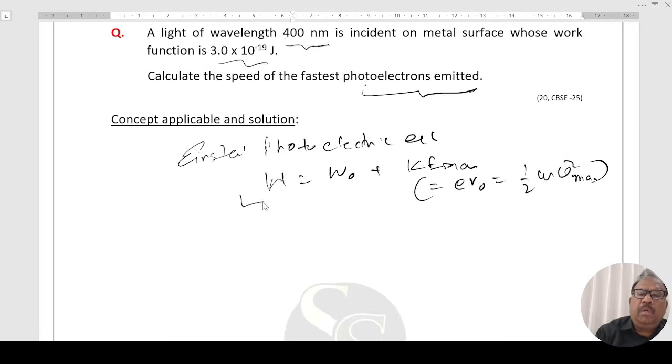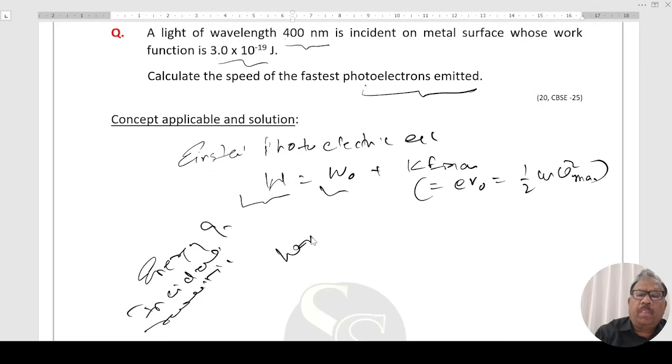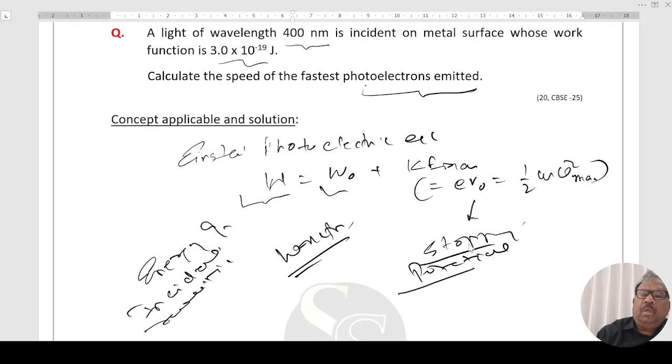This is the energy of incident radiation. This is the work function, the minimum amount of energy required to emit the photoelectrons. We know the stopping potential is required to stop the maximum speed electrons by applying the potential in the negative direction.